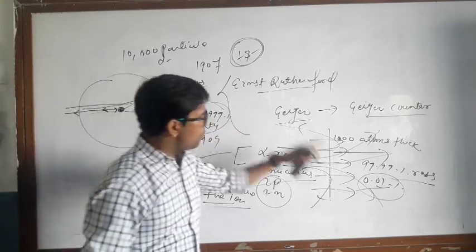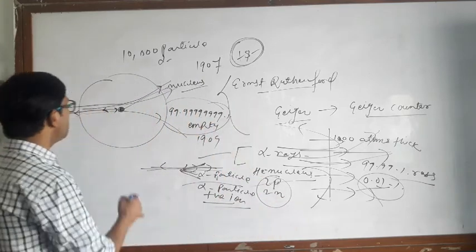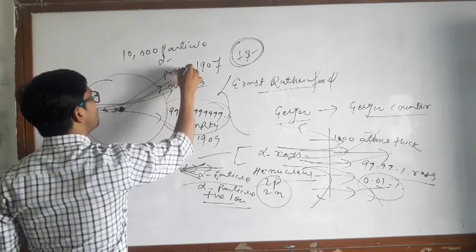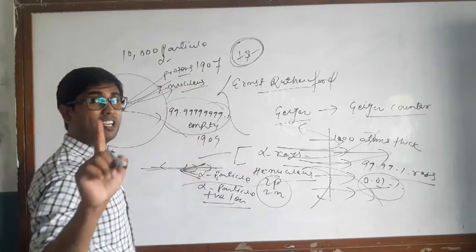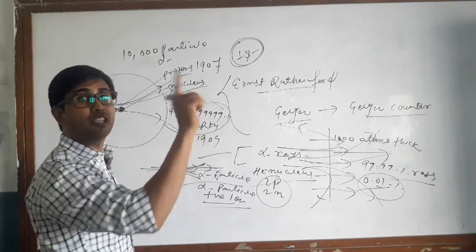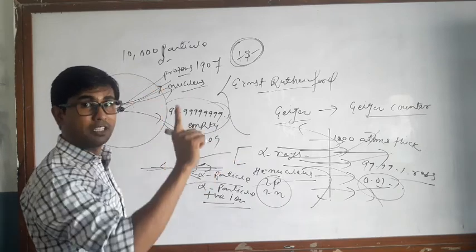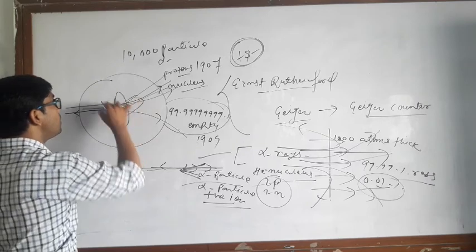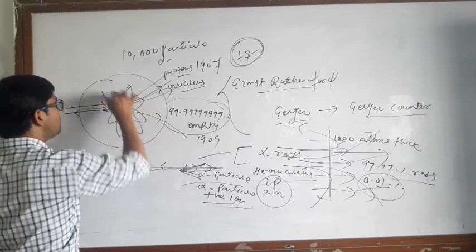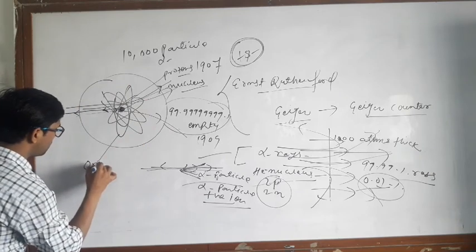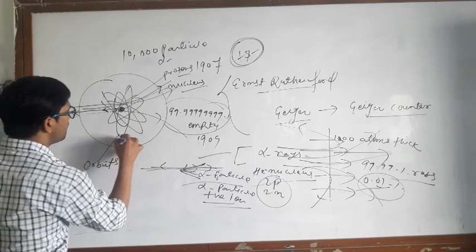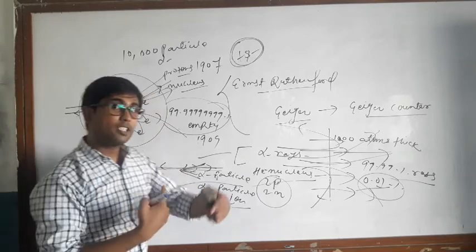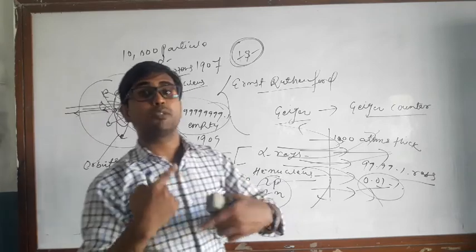So we got the first model of the atom in which there is a nucleus, in which there were protons. Remember, neutron was still undiscovered at that time. Neutron was discovered in 1932, but we are talking about 1909. And Rutherford said electrons are there but in circular orbits, in which electrons revolve, just like the orbits of planets around the sun.